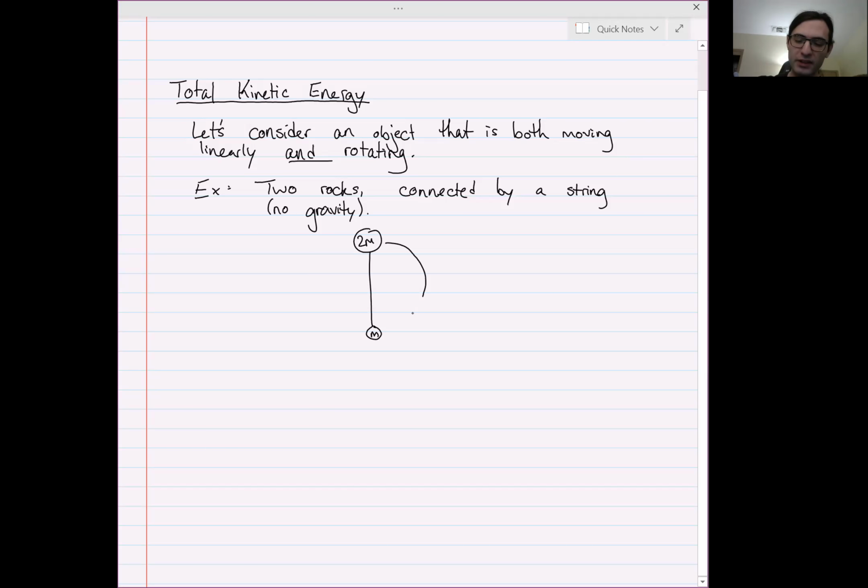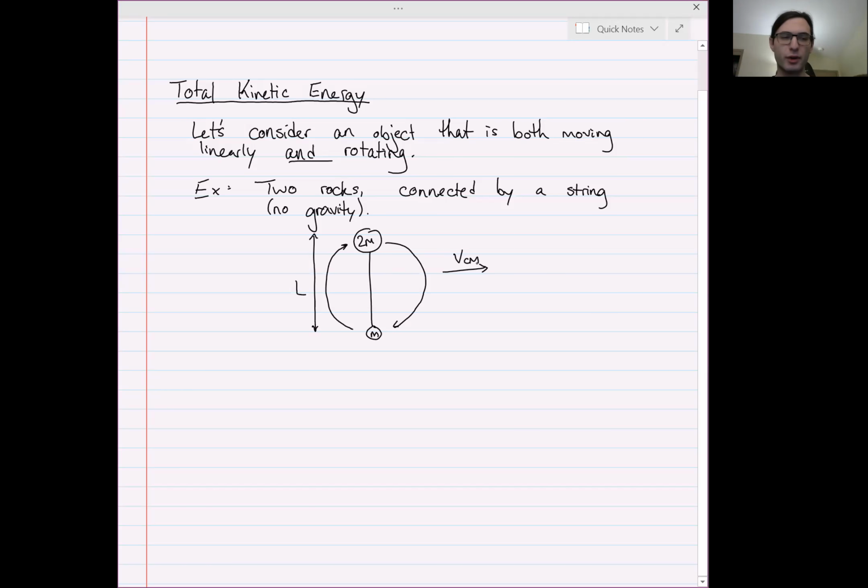And it's spinning. They're twirling through the air. They're orbiting each other. Let's say this distance here is L. And also, on top of that, the whole system is moving. So they're spinning around, but the whole thing is moving to the right. So let's say that the center of mass is moving to the right.